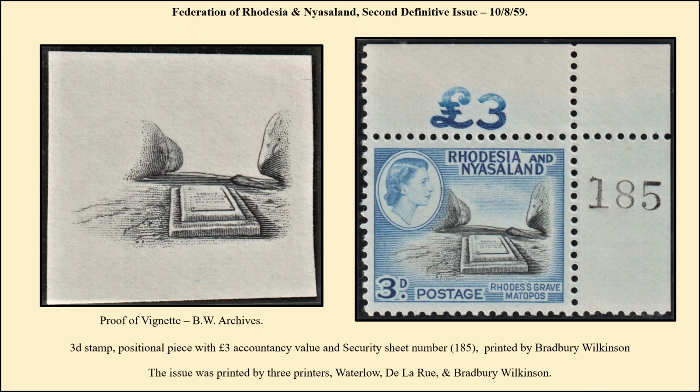This is the threepenny stamp from the second definitive issue of Rhodesia and Nyasaland. I show a corner example with the £3, which is the accountancy mark, and the 185 is the sheet security number.